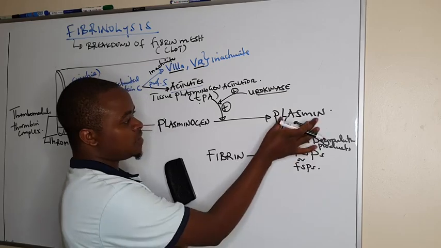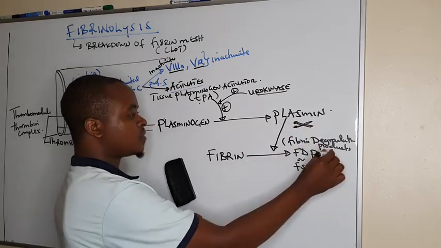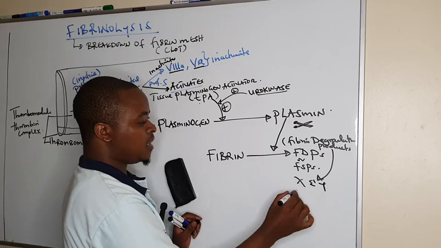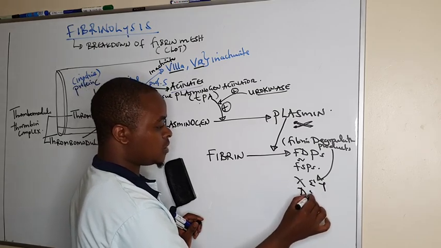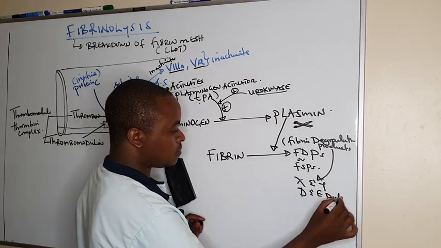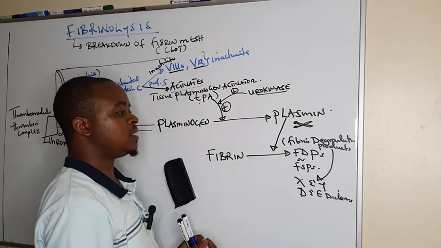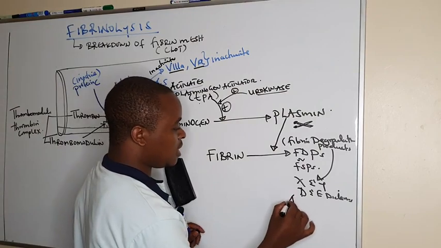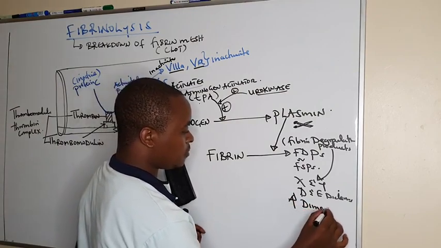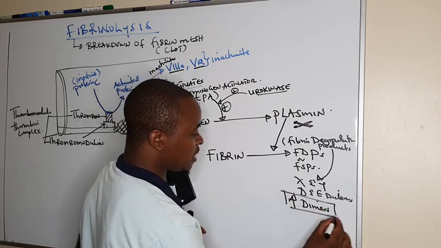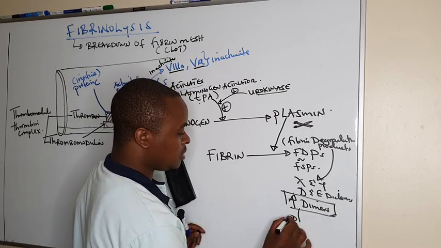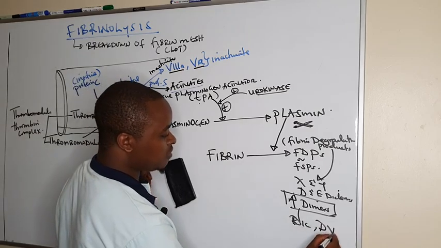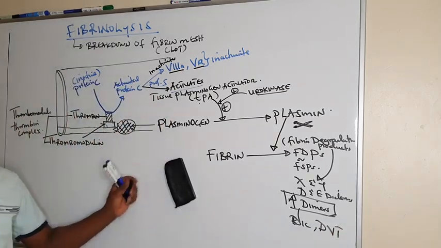When the plasmin is cutting the fibrin, it first forms what we call X and Y, then later it forms D and E, dimers. So that's why we normally see that during active fibrinolysis, there is a rise in D dimers. So D dimers go high. This is the basis of a test that we do to rule out DIC, that is disseminated intravascular coagulation, and to rule out DVT, that is deep vein thrombosis.